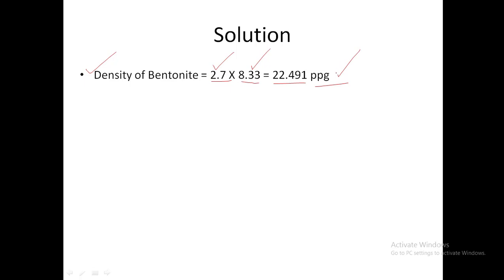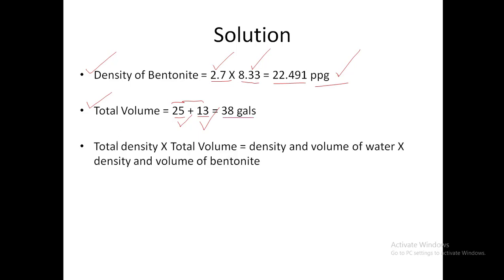So now we have the density of bentonite. After that, the total volume is as simple as given in the question itself: 25 gallons is the volume of water, and 13 gallons is the volume of bentonite. So the total volume is 38 gallons.